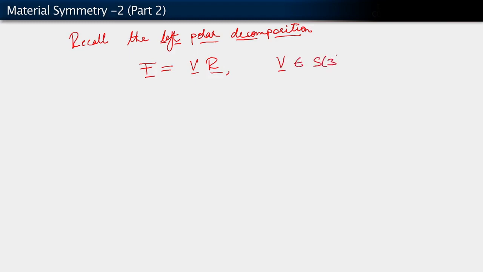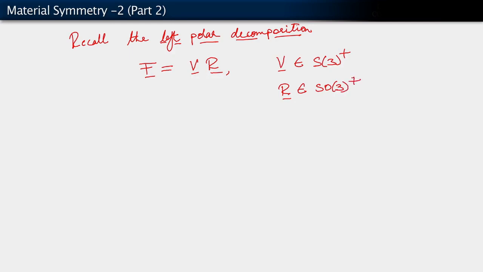In particular, we recall the left polar decomposition, and that was that F can always be written as VR, where V is a stretch tensor, a symmetric, positive definite tensor, and R is a handedness preserving member of SO3.